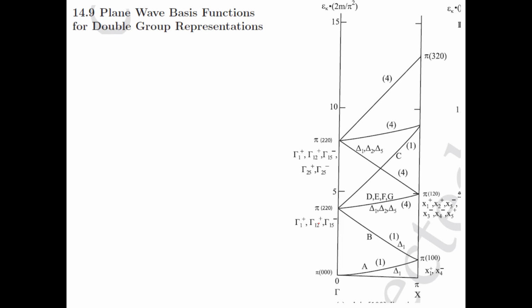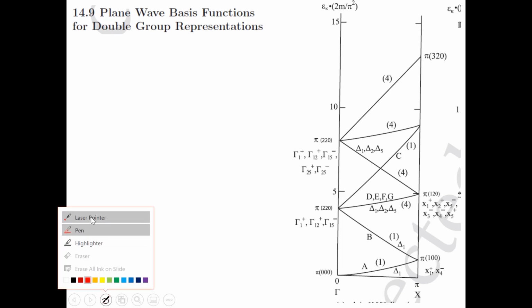I think this was chapter 12. Yes, so this was chapter 12. We have discussed, for instance, the empty lattice approximation, and this is what you see here in this picture.